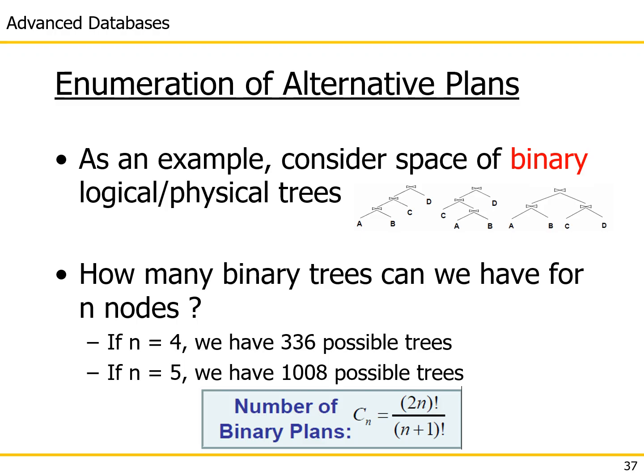If you don't believe me, plug the number into the formula at the bottom. You should get this from your calculus book, combinatorics and permutations chapter, because this is how many ways we can combine the 4 nodes. What if we have 5? We have 1008 possible trees.